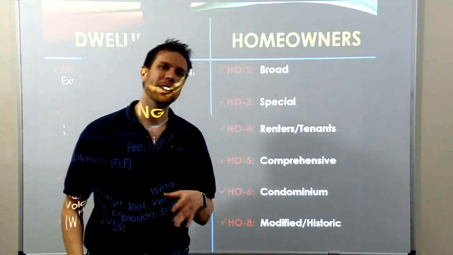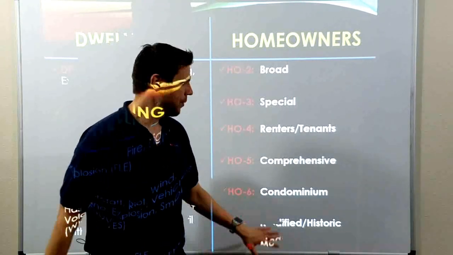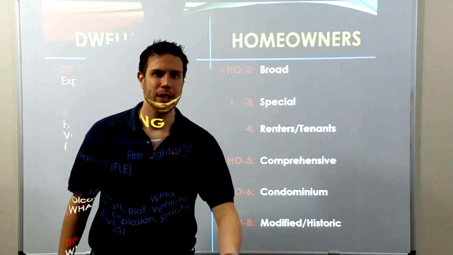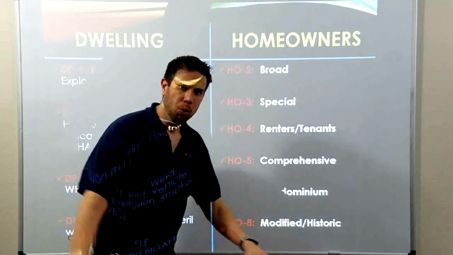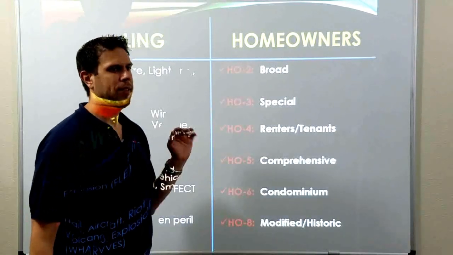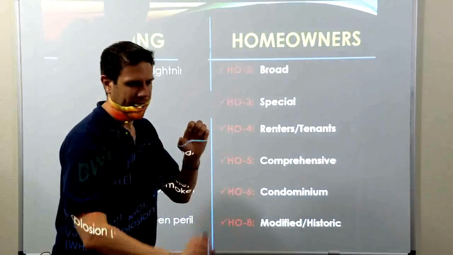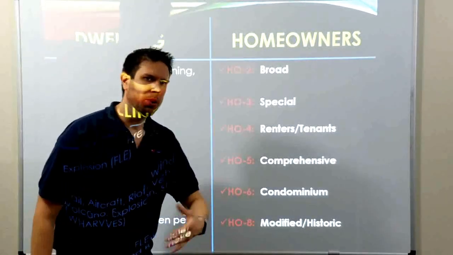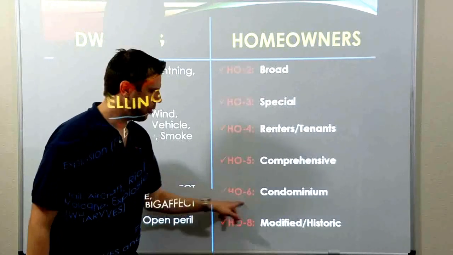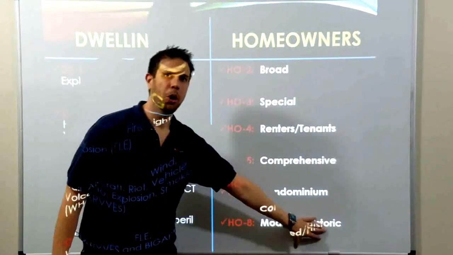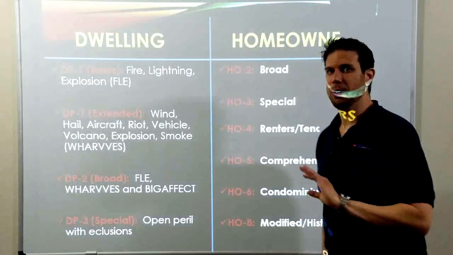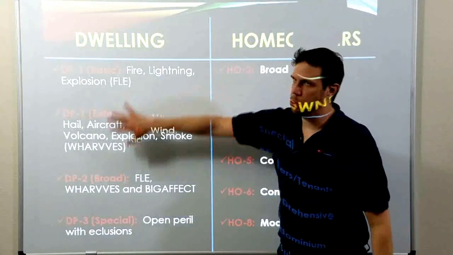So certain places have historical districts where the house might have been built in 1800 or 1850, and it uses that old wood, and it might have the old wrought iron handrails. Older houses that are historic in nature get an HO8, which is a historic home. But if it's just a regular old house out in the middle of nowhere, then it usually gets a dwelling policy.